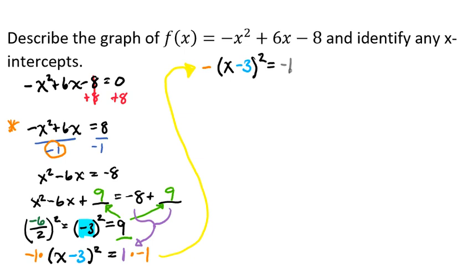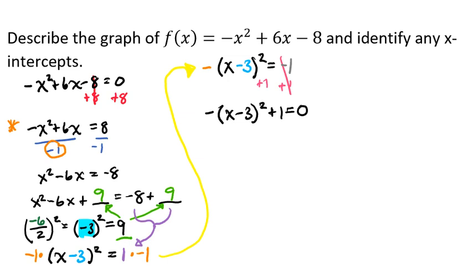And then from here, we're going to add our 1 over so that we can put this in standard form. So now we have negative x minus 3 quantity squared plus 1 equals 0.